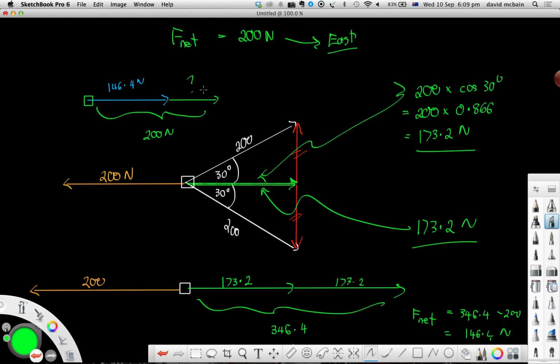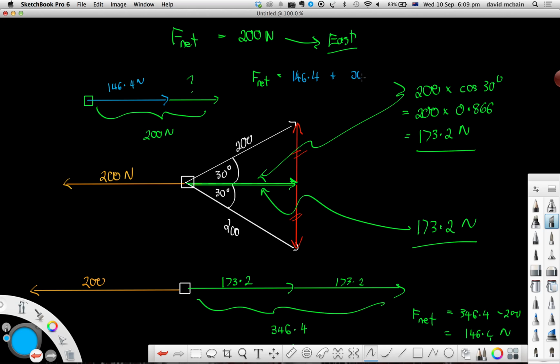That's going to be 53.6. So that force there is going to equal 200 take away 146.4. In other words, to do it another way, using a force equation, the net force is going to equal 146.4 plus our unknown force, which is in the same direction.